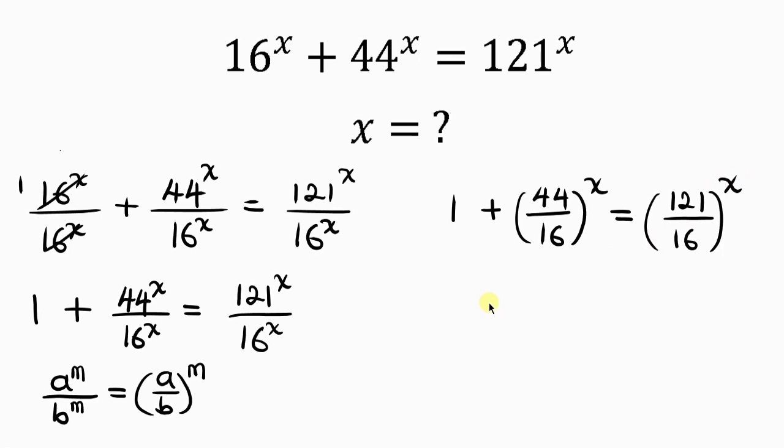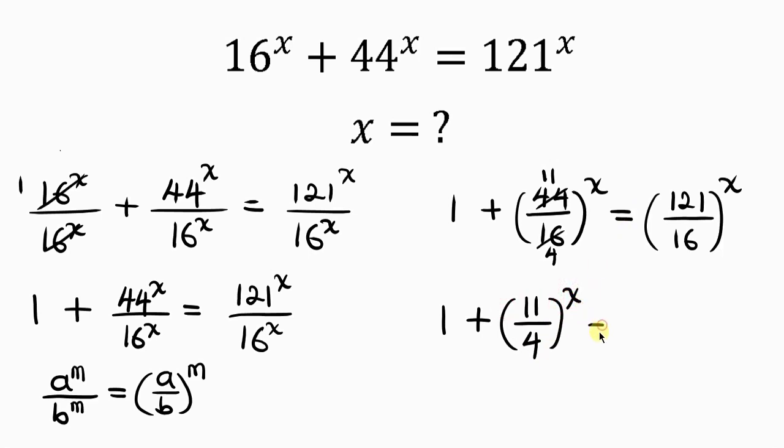Very good. Now notice that we can actually break this down. So 4 can divide. So 44 divided by 4 is 11. And then 16 divided by 4 is 4. So this is 1 plus this becomes 11 all over 4 all raised to the x.